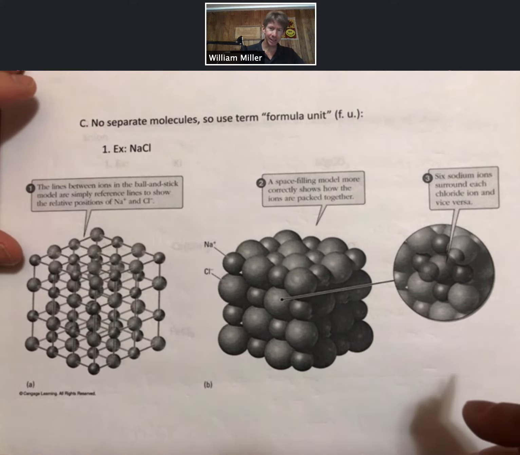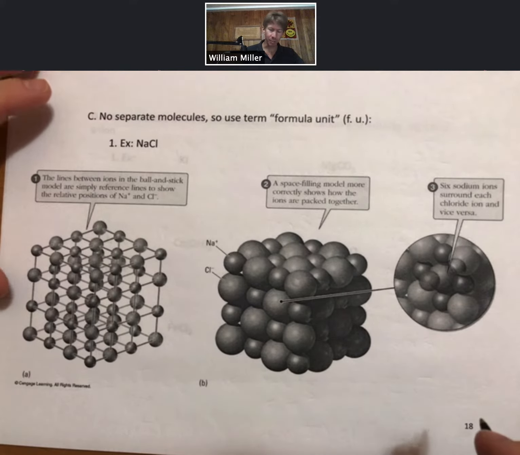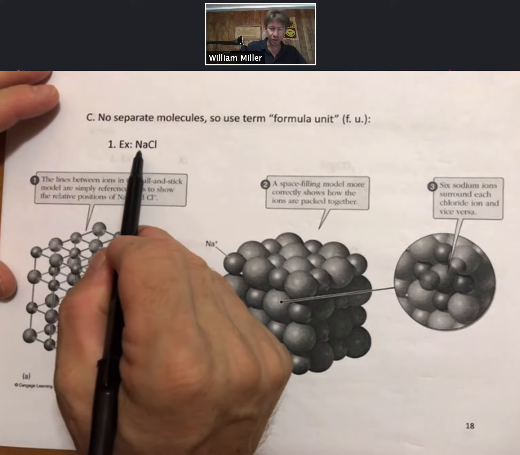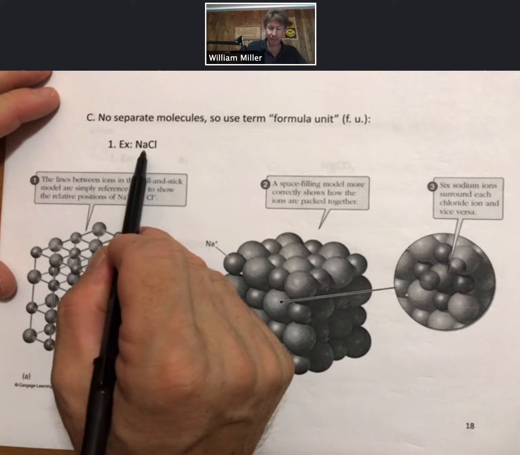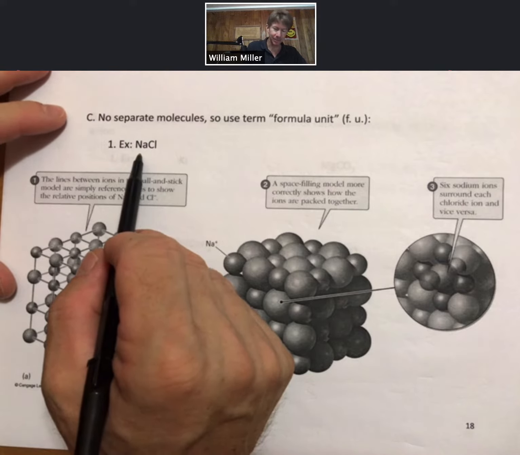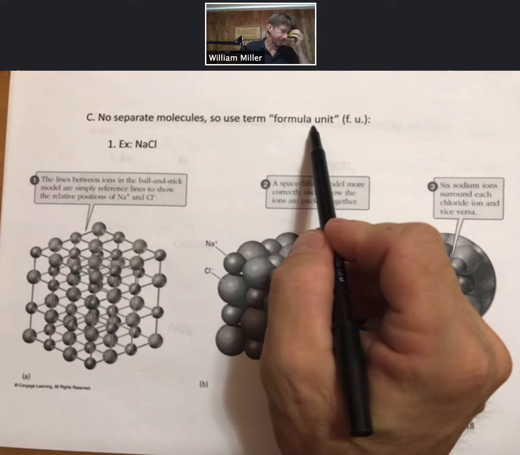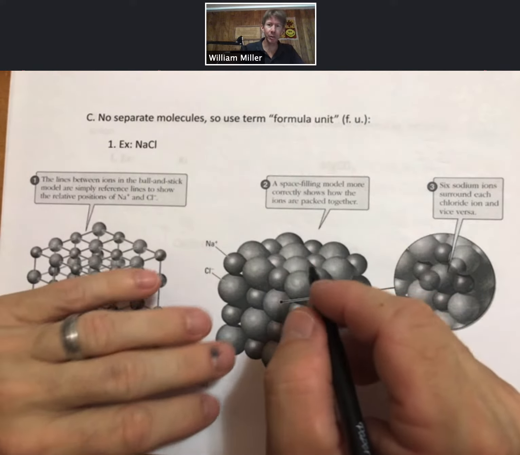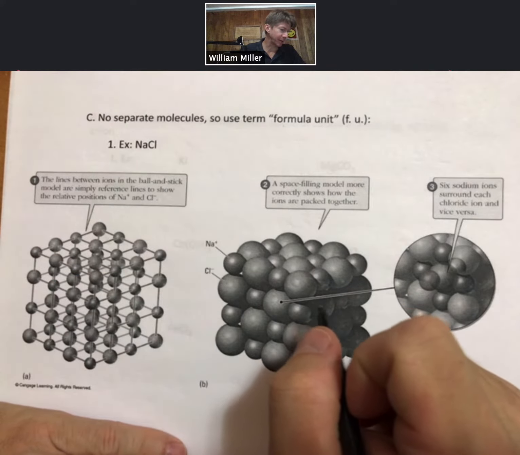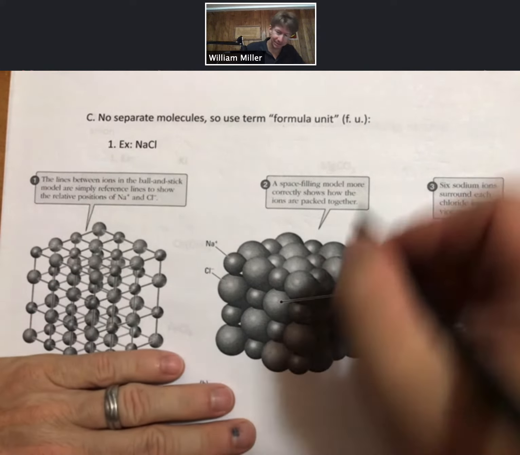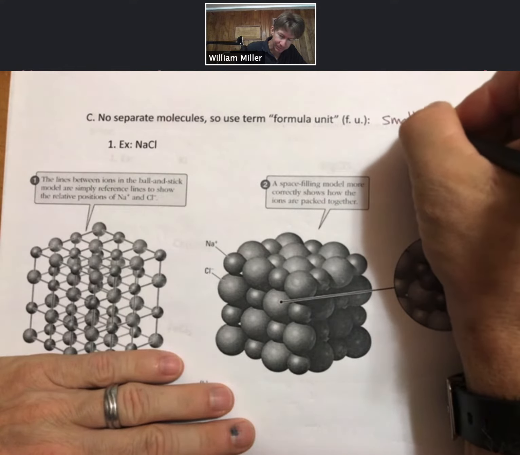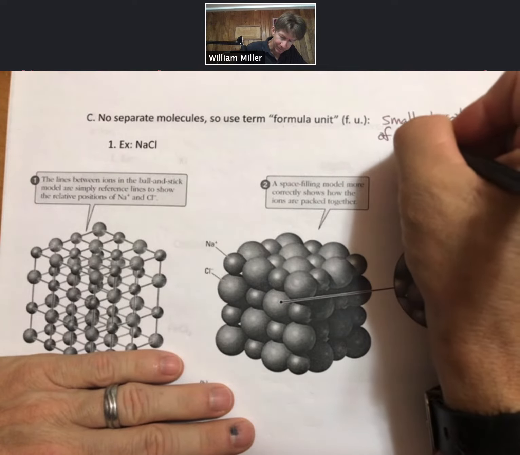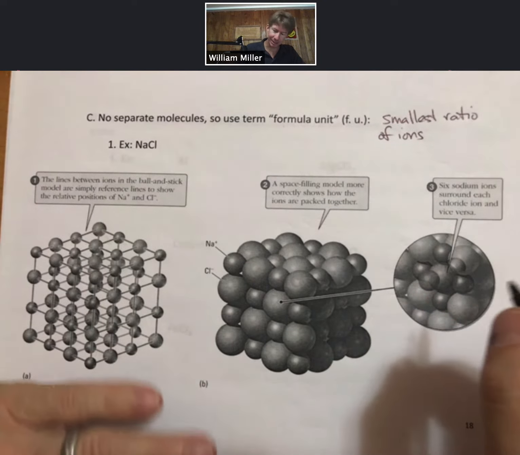Now, for ionic compounds, there are no molecules. So the term molecule should not refer to sodium chloride or any ionic compound. The proper term is a formula unit. And a formula unit is another way of thinking of the smallest ratio of the ions in an ionic compound.